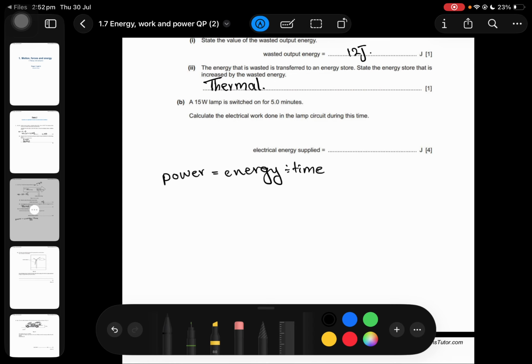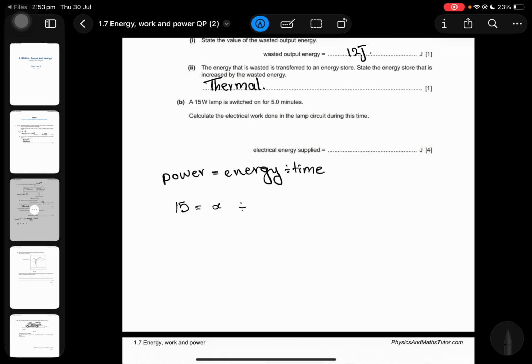In this case, 15 is equal to x divided by time, and we need to use time in seconds. So 5 multiplied by 60 is 300 seconds, so x divided by 300 seconds is equal to 15.